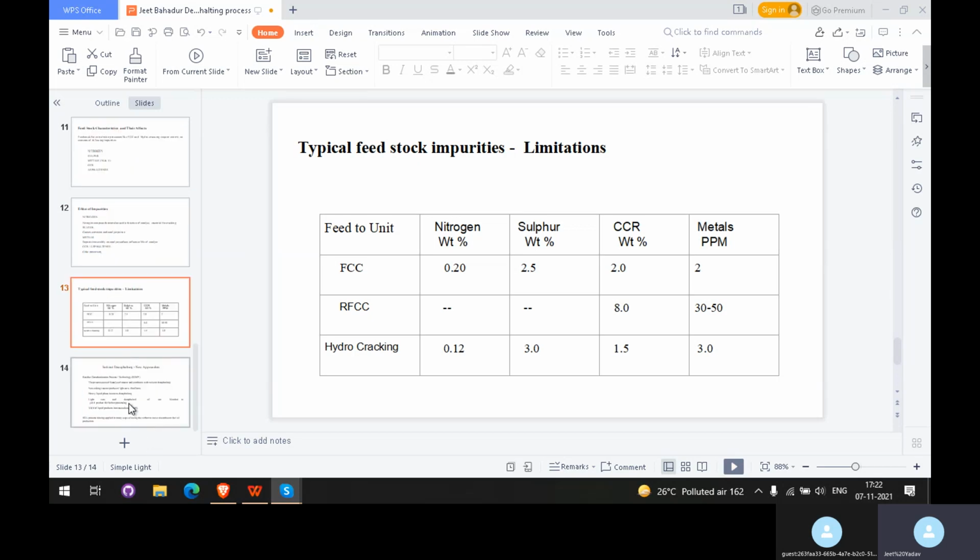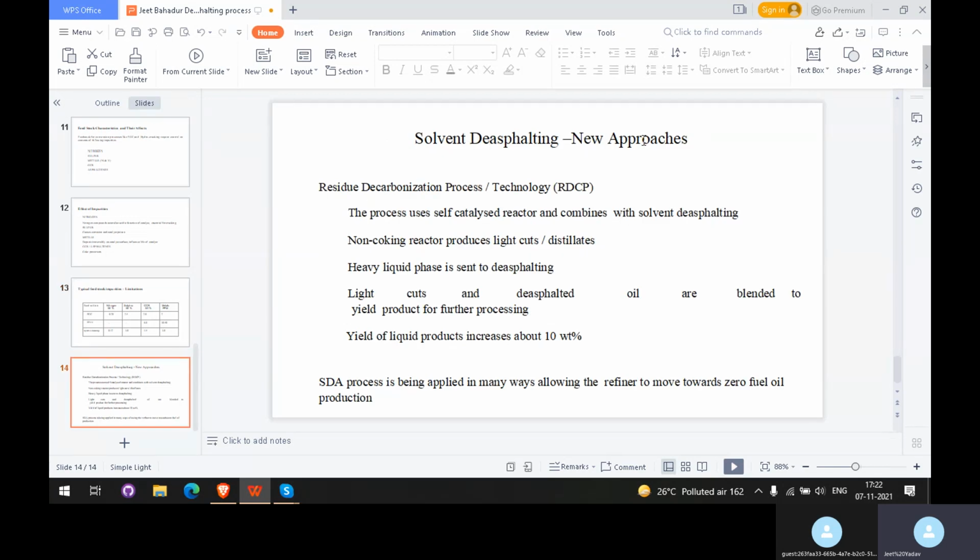So these are the basic conventional methods. Now I will discuss the modern approaches, like solvent de-asphalting with new approaches such as the residue decarbonization process or technology like RDCP. The process uses a self-catalyzed reactor combined with solvent de-asphalting.